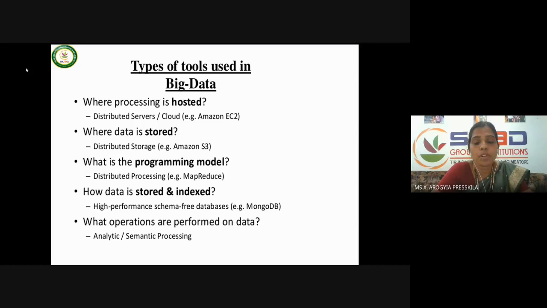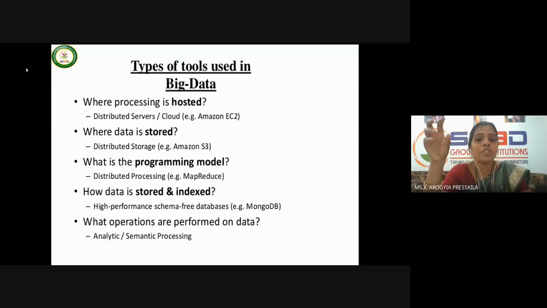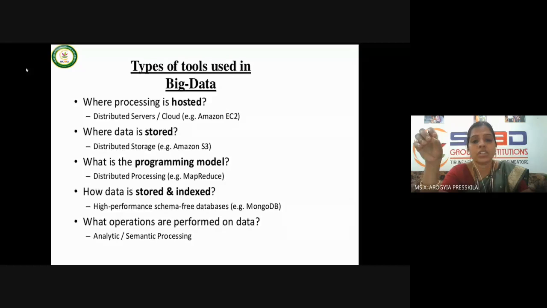The programming model is distributed processing. As already mentioned, big data is a large collection of data. It is not stored in one particular location; it is stored in a distributed manner. So we say it is distributed processing. The example here is MapReduce. What is MapReduce? There are two functions, the map function and the reduce function.